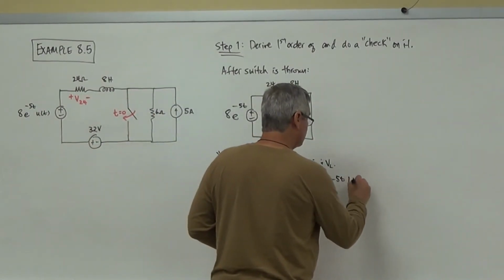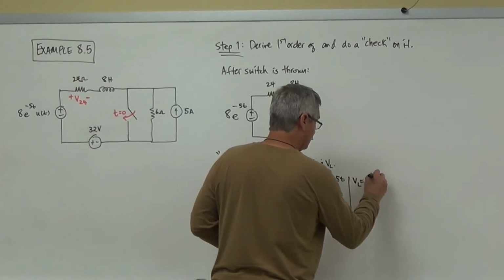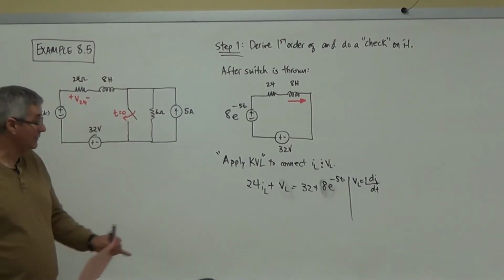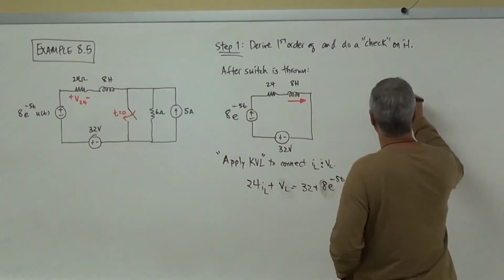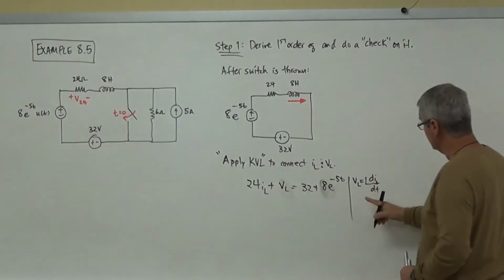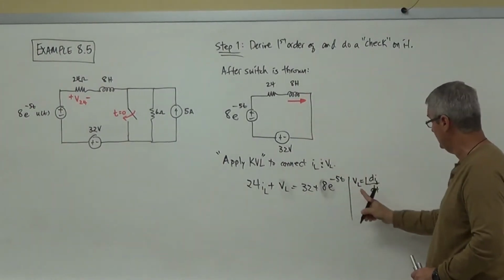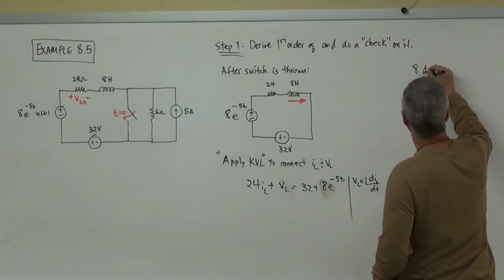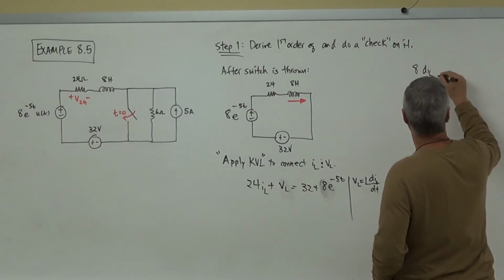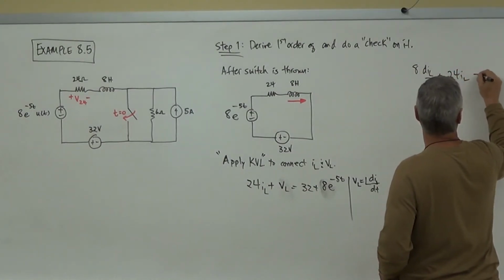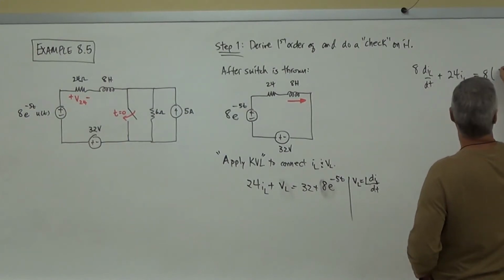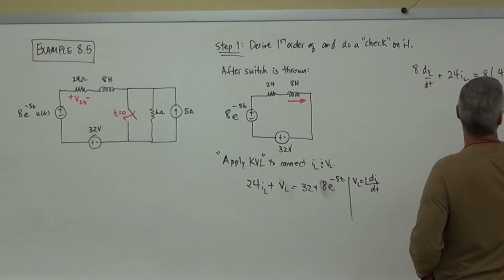And so what we find here is we saw that this guy is this. And so then I'm going to plug that right back into here. And what am I going to get here? Note that the inductor is 8. So I'm going to write 8 dIL/dt plus 24 IL equals 8 times the quantity 4 plus e to the minus 5t.